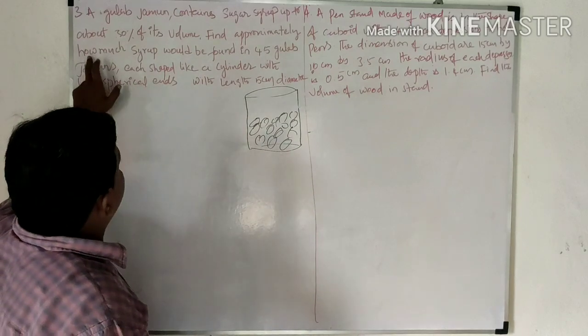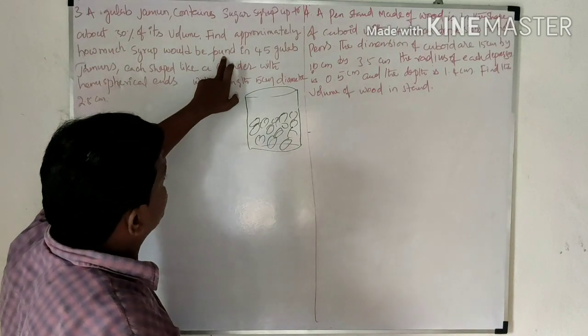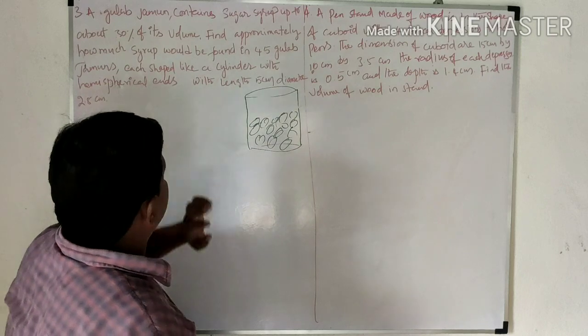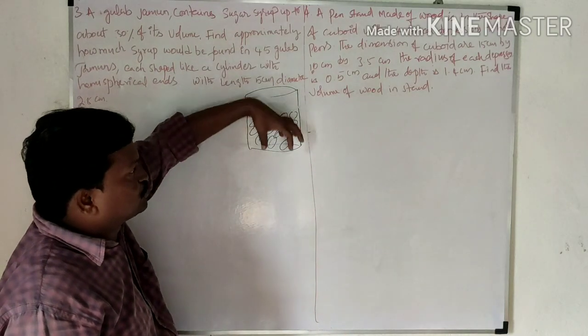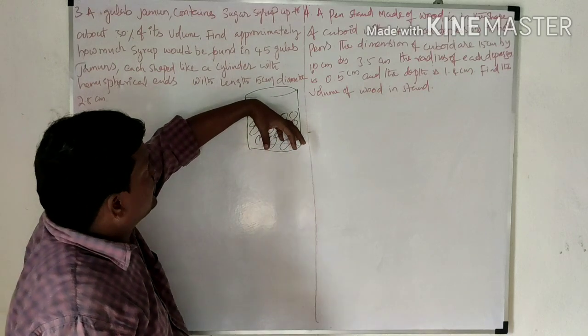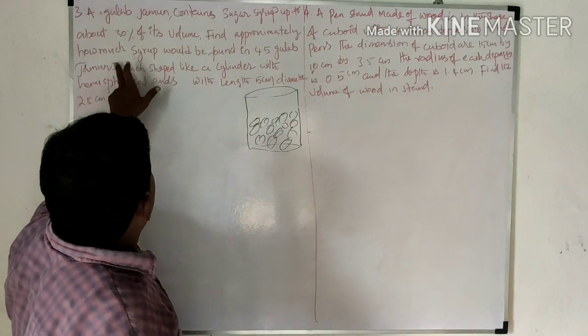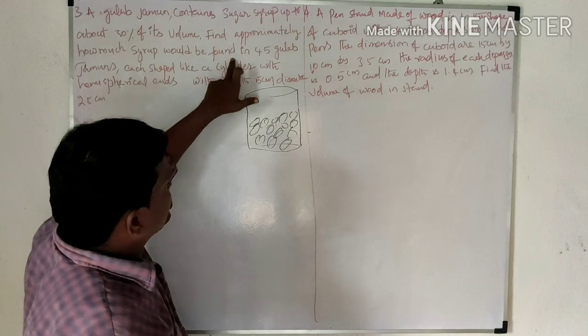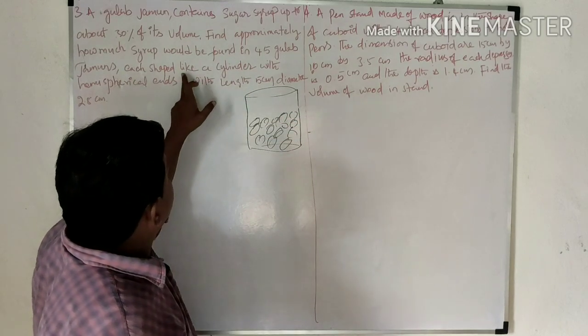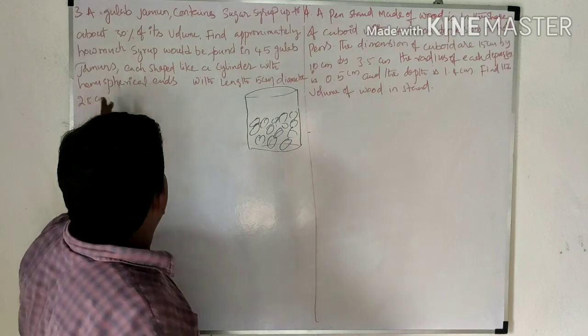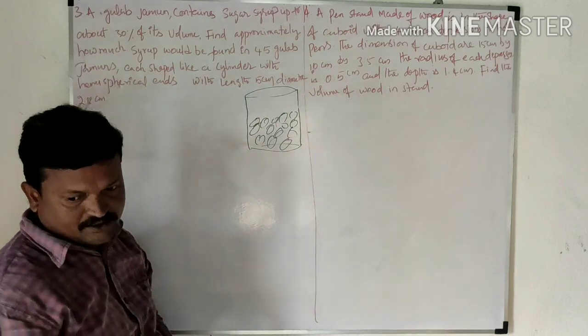Find approximately how much syrup would be found in 45 gulab jamuns if we dropped 45 gulab jamuns in that juice. How much syrup will we find? Each is shaped like a cylinder with hemispherical ends.